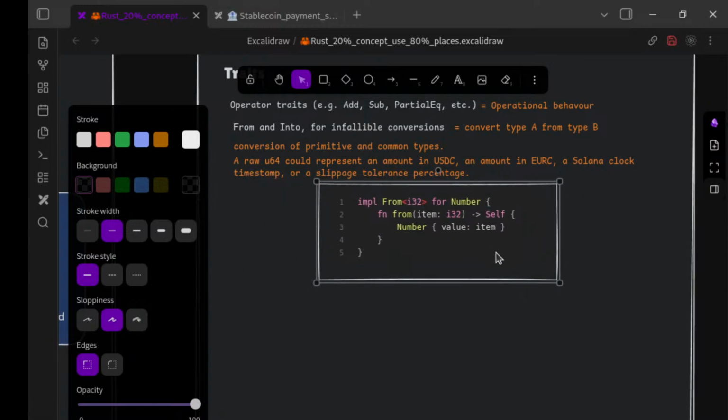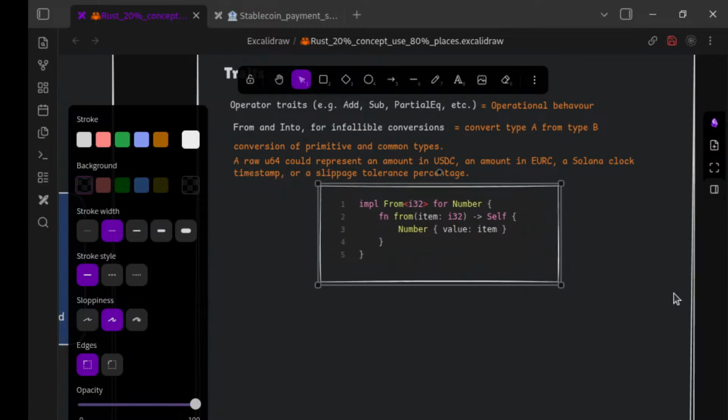So here is the From. We are explicitly saying we are implementing From I32 for number.